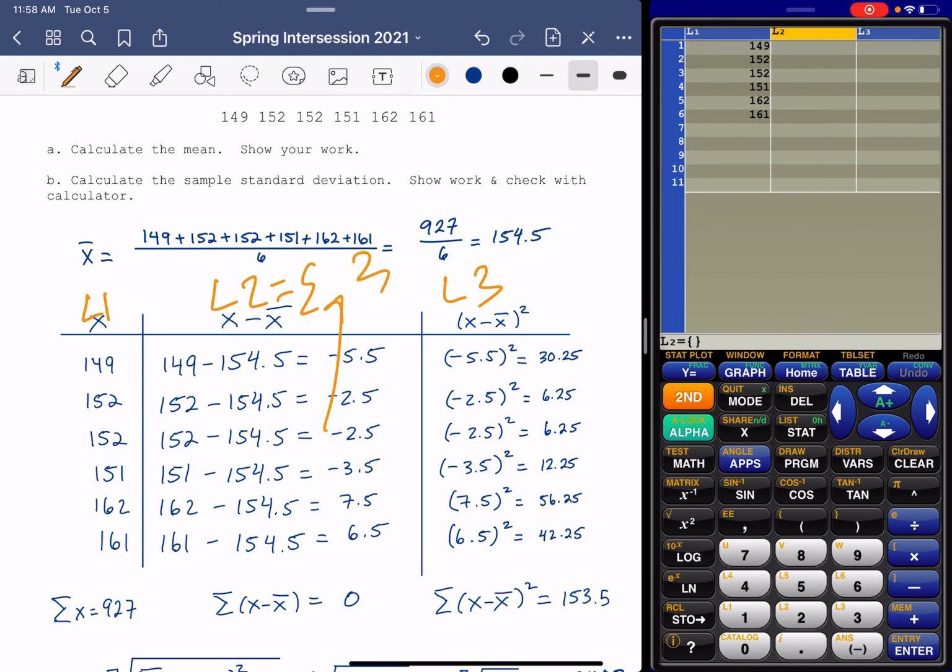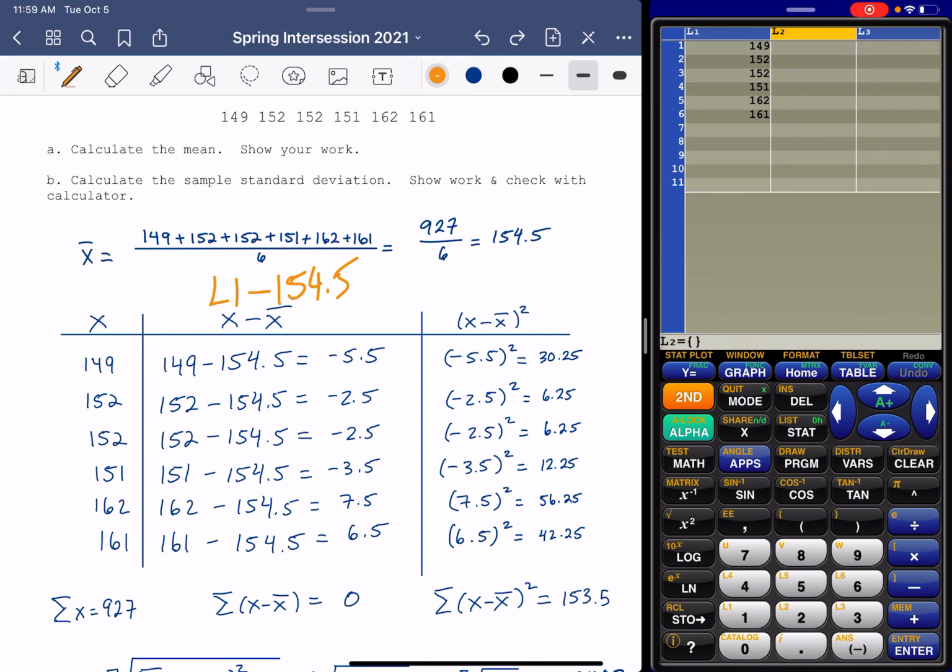We're going to put a formula in those brackets. And the formula is going to be, we're going to take L1 and we're going to subtract 154.5. So you need to be all the way to the top, right? Look over here on the calculator that is on L2.